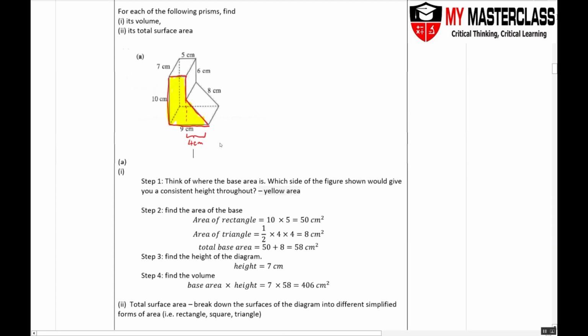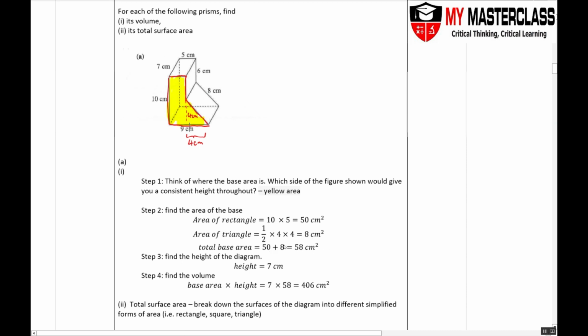Your height is essentially the 10 cm here minus away the 6 cm that you have here as well. That's why you also get a height of 4 cm. So your area of triangle is half times base times height, which is half times 4 times 4, 8 cm square. Sum up your total base area, you get 58 cm square.